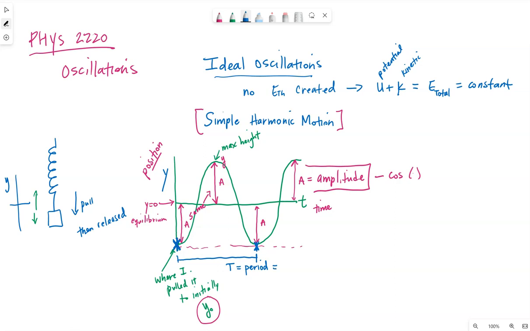Period, we can essentially just think this is the number of seconds to complete one oscillation.